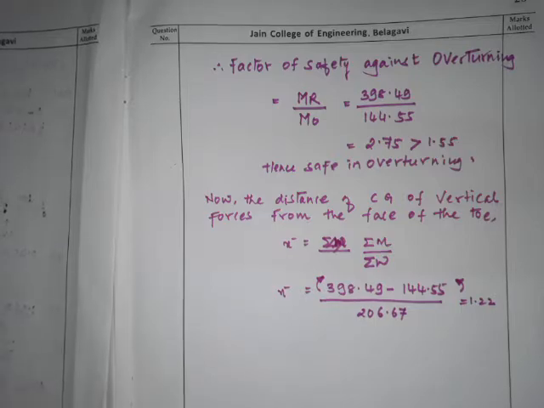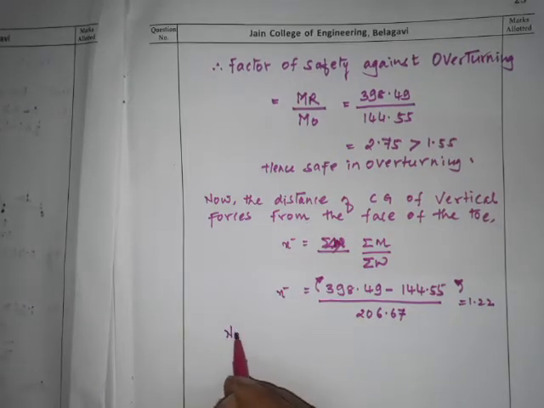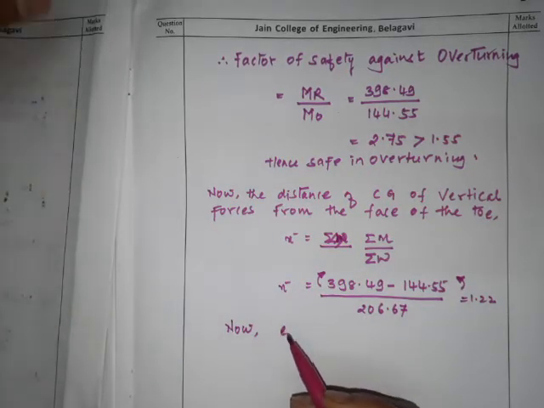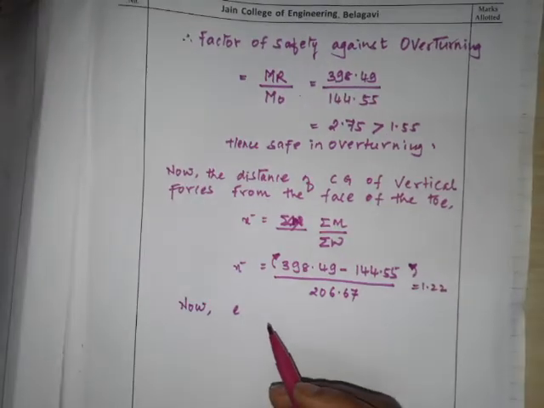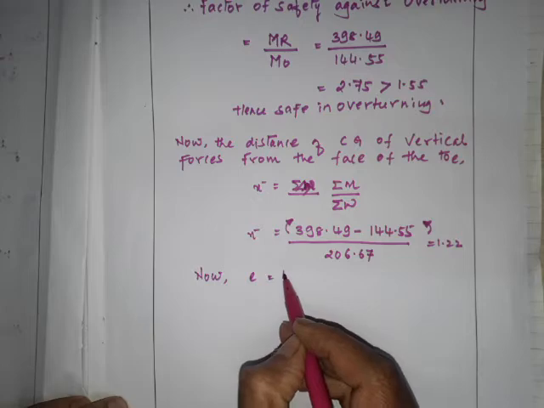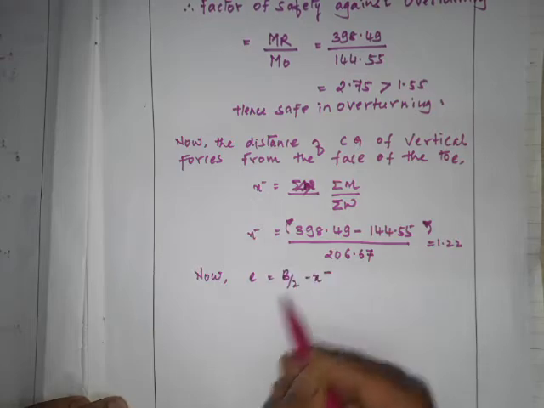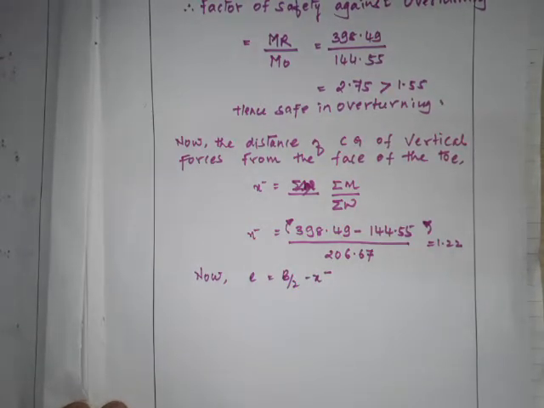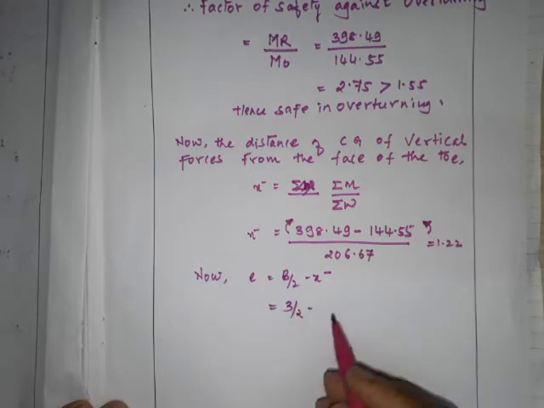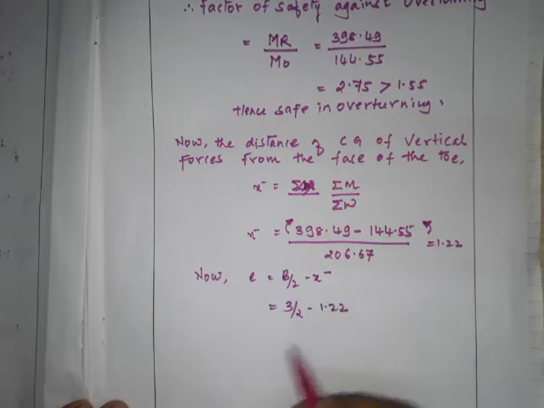So now the eccentricity E is equal to B by 2 minus x bar. B is 3 meter, minus x bar is 1.22.